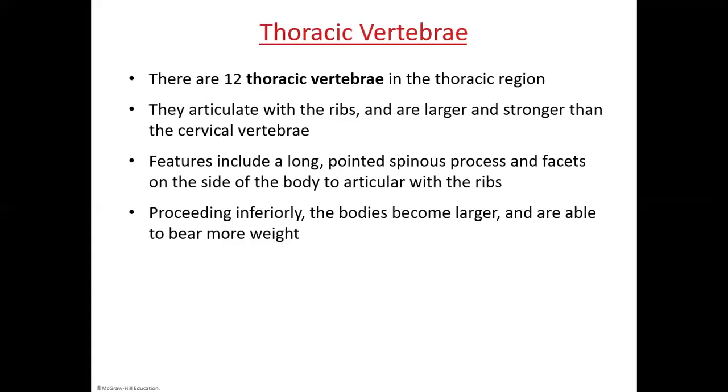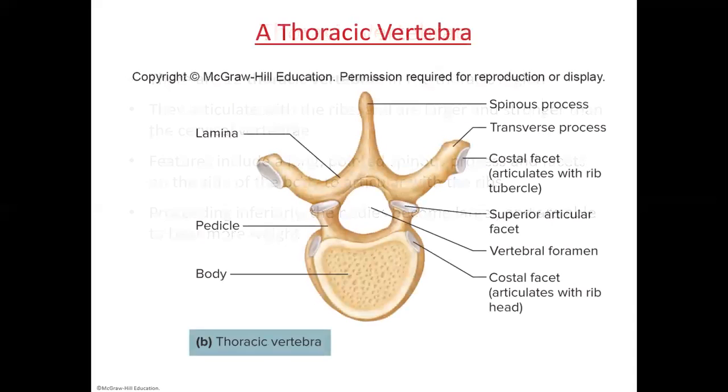But that's if you're going into the medical field. For this class, you don't have to know that in depth. And here's a picture so you can see the spinous and the transverse processes are much larger than they were in the cervical vertebrae.